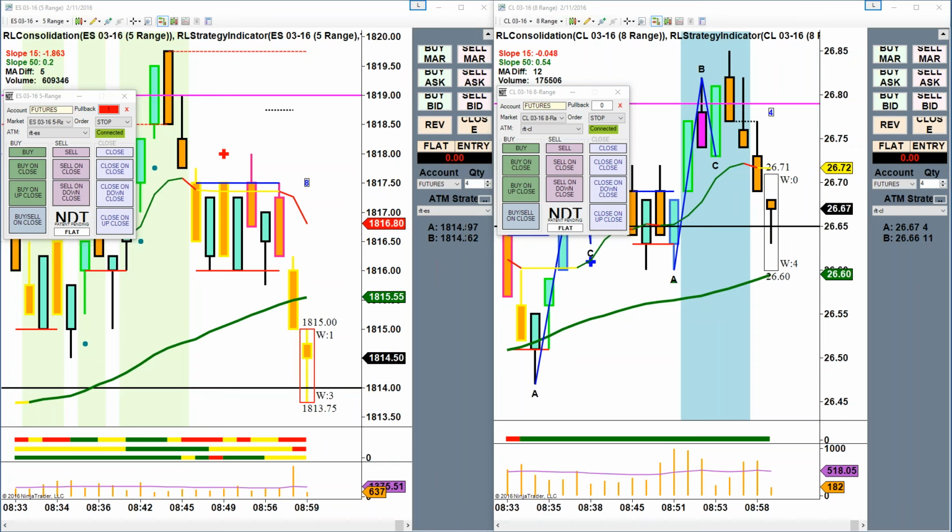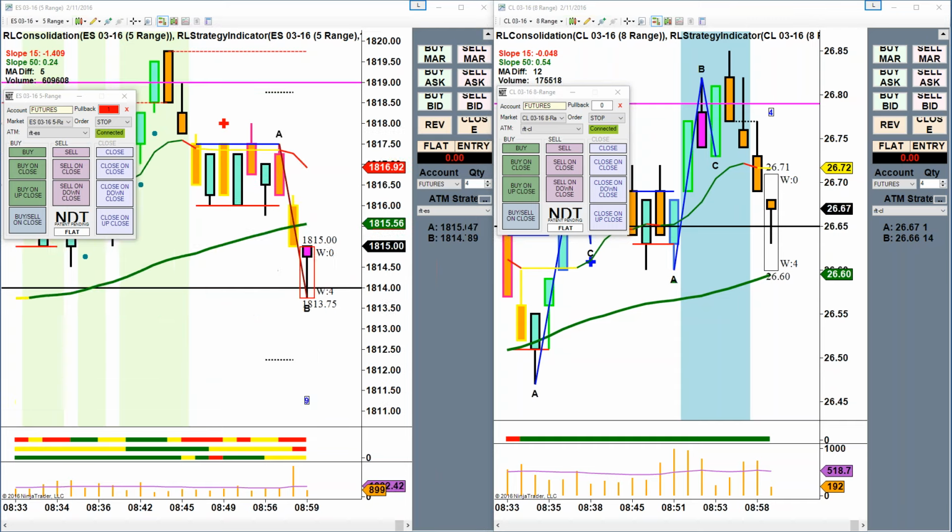The long-term time frames are up on crude, so we're looking for a long trade.